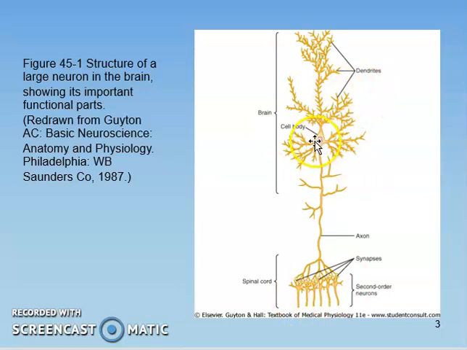Here you can see the cell body, the dendrites, which look like a highly branched tree, and then the axon, and then if you go down, you can see the connections. We call them synapses, by which they are connected to the second order neurons which are there in the spinal cord.